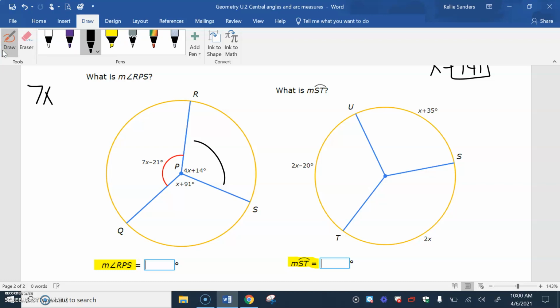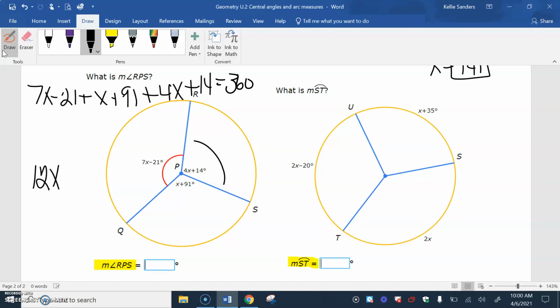So 7x minus 21 plus x plus 91 plus 4x plus 14 equals 360. We're going to add our like terms together. So that would be 12x. Negative 21 plus 91 plus 14 is 84. Subtract the 84.